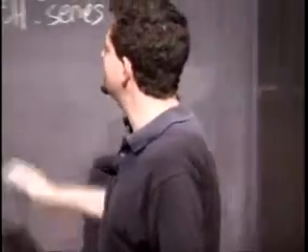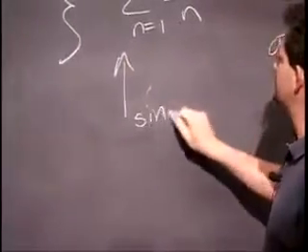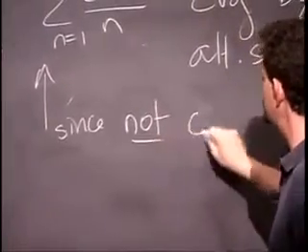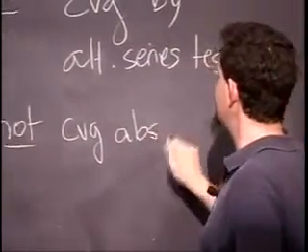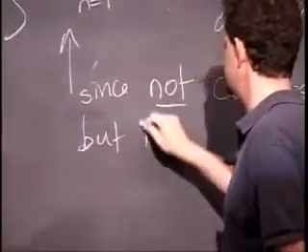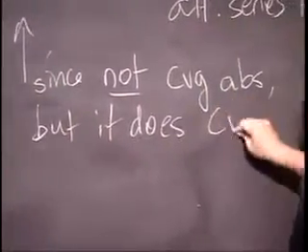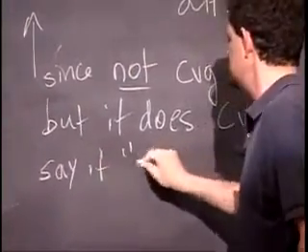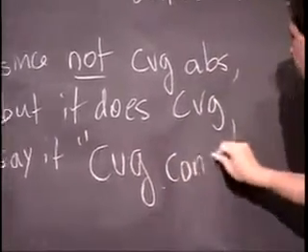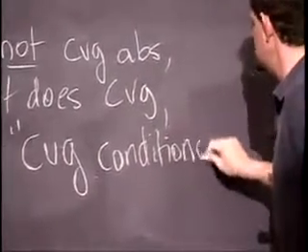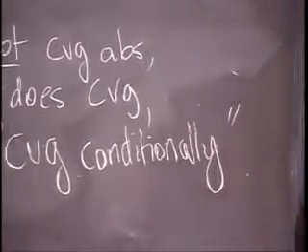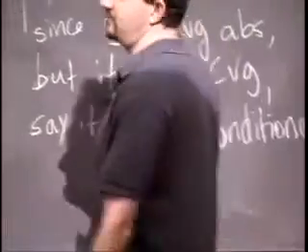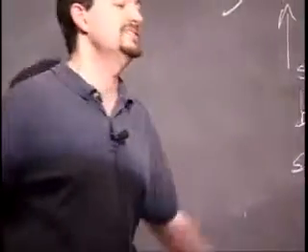So we say, since it does not converge absolutely, but it does converge, we say it converges conditionally. Conditionally means it only converges because of the minus 1 to the n. Conditional on that. If it weren't there, we'd be screwed. It would diverge.